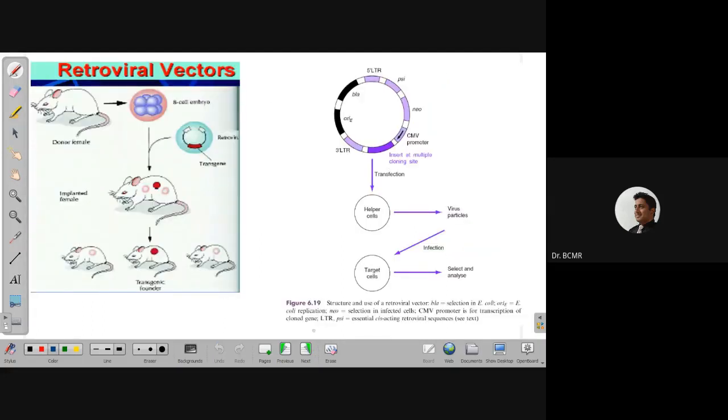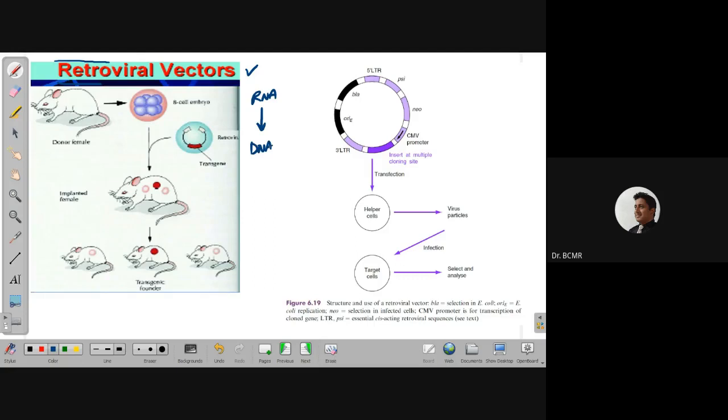When we had a class on vectors, I didn't describe the retroviral vectors. I waited, because this makes it a much more appropriate place to discuss it. What are retroviruses? You know about retroviruses, where the retro is about their RNA viruses, and they get reverse transcribed into DNA.